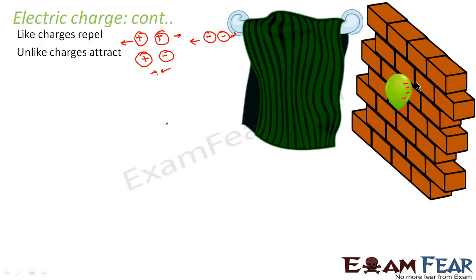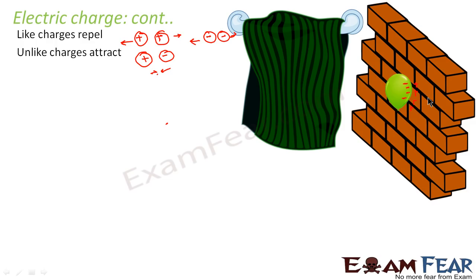So the positive charges of the wall will come towards the surface which is facing the balloon, and the negative charges will go inside. It will push the negative charges inside and bring the positive charges in front. Now since opposite charges attract, therefore the balloon will stick to the wall.